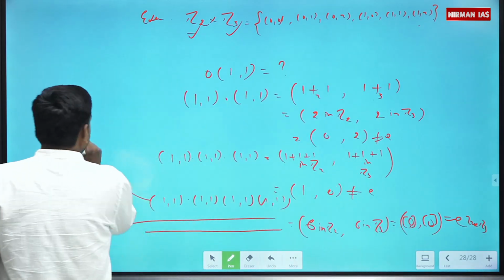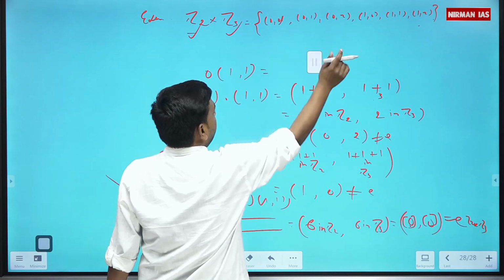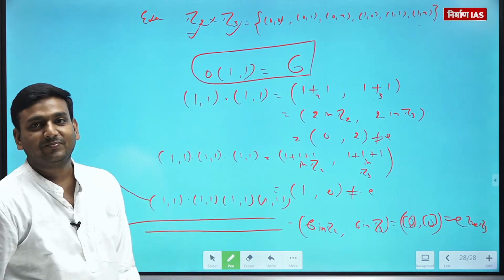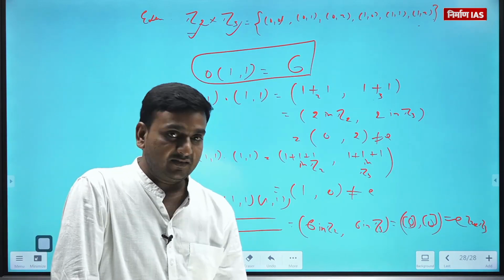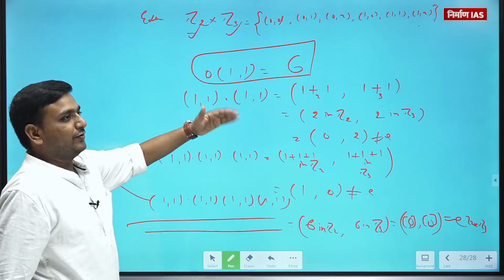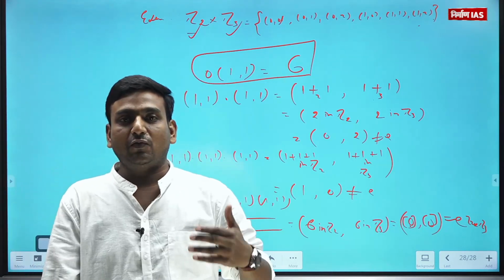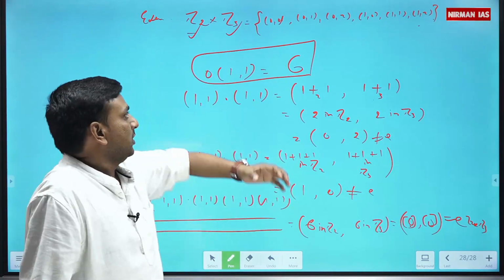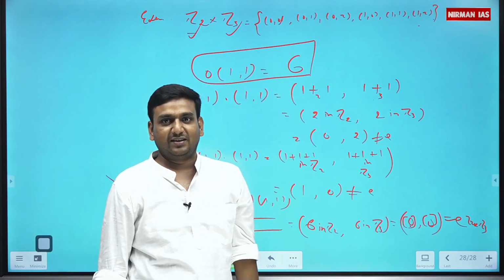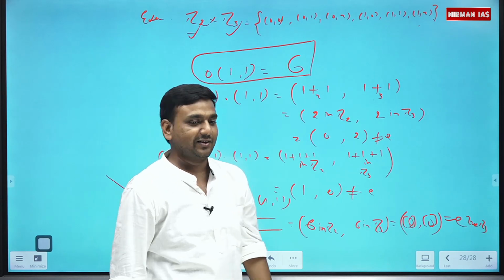So what will you say? The order of (1,1) in Z2 cross Z3 is 6. Is that clear to you guys? In the same manner, if you want practice, if you want command over such topics, do calculate the order of each element. Is that clear? Fine.